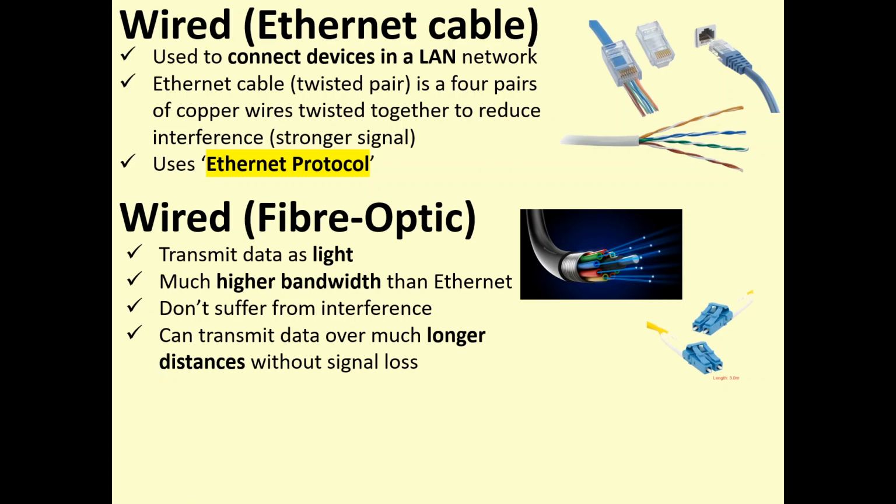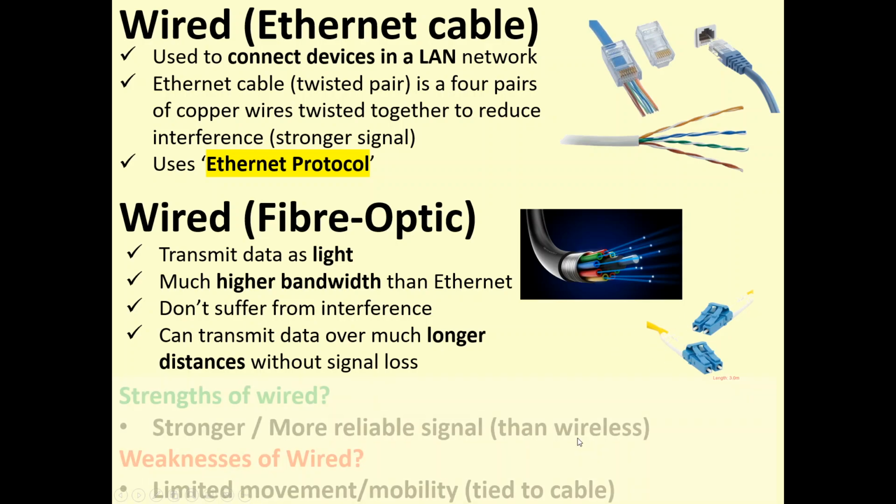It doesn't suffer from any interference, so it doesn't need to be wrapped together. And you can transmit data over much longer distances without any loss in signal, whereas with Ethernet cable there's a limited distance before it starts to lose the signal. Fiber optic, you can send it for a lot longer. But you do need to buy special hardware to connect it to the network, to plug it in.